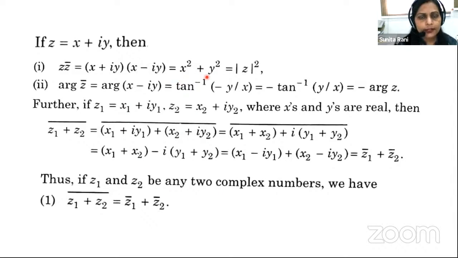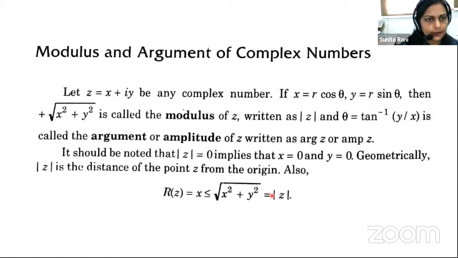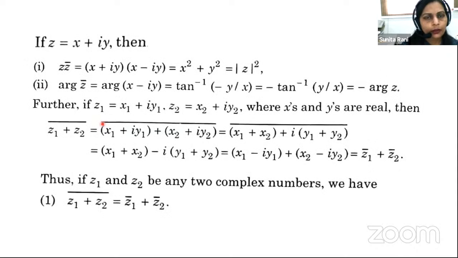This is x square plus y square, and we know that mod z is equal to root of x square plus y square. That means x square plus y square is equal to mod z square. So we can say that z z bar is equal to mod z square.